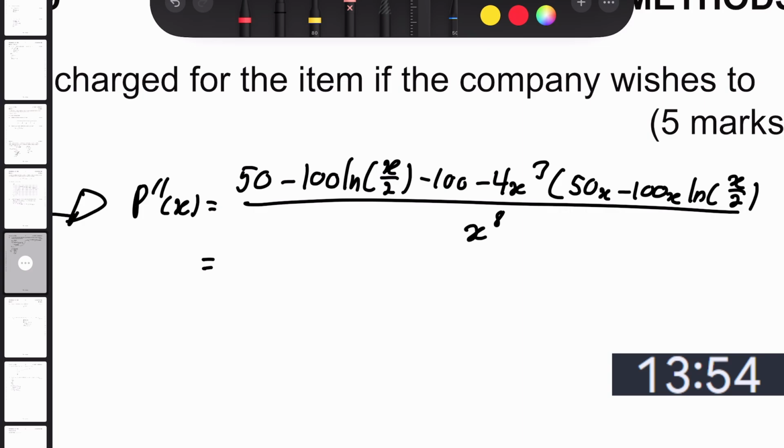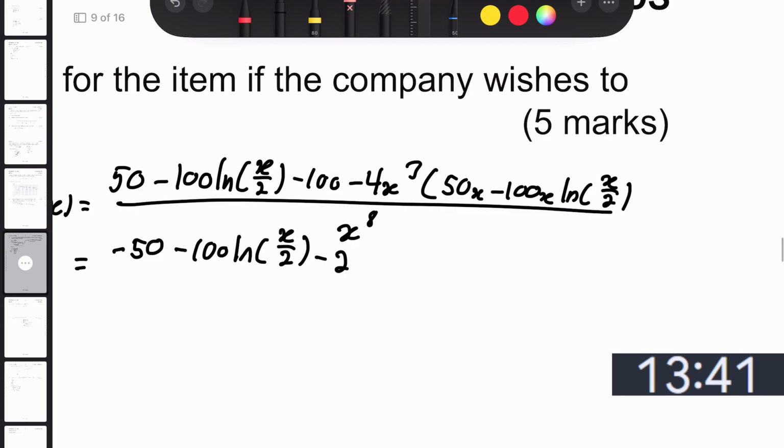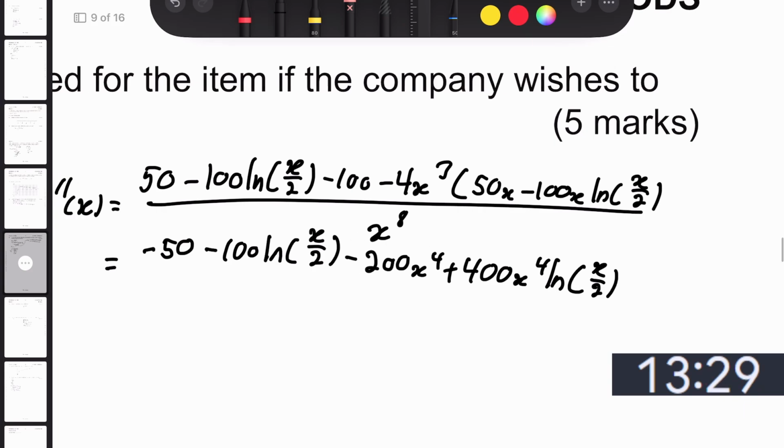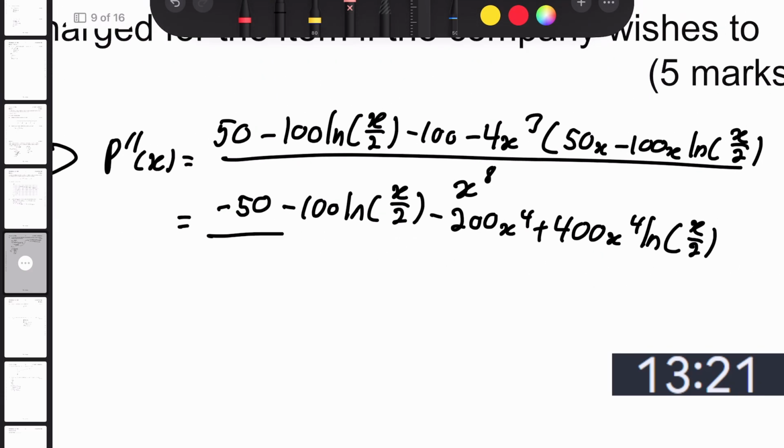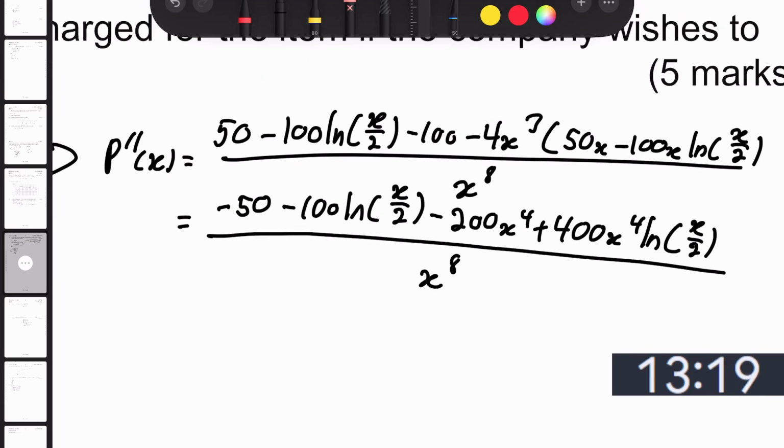Then this equals negative 50 minus 100 ln of x on 2 minus 200x to the power 4 plus 400x to the power 4 ln of x on 2. Oh my gosh. And all over x to the power of 8.